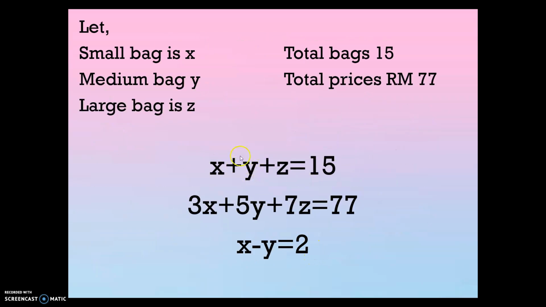So now we have 3 variables, small, medium, and large bags, and the total bags sold is 15, and the total price we get is 77.